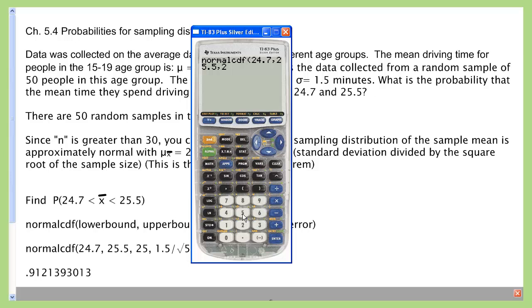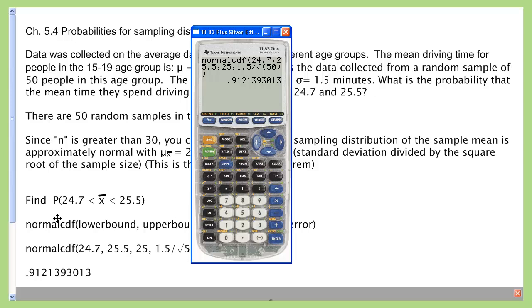The mean is 25, and the standard error is 1.5 divided by the square root of 50, because your sample was 50, and close that parentheses, and I would close the other one, but it'll work whether you close both parentheses or not. And there's your answer, so it's 0.91.